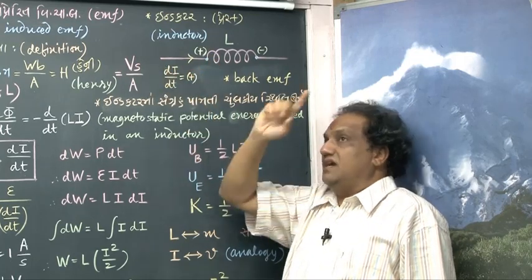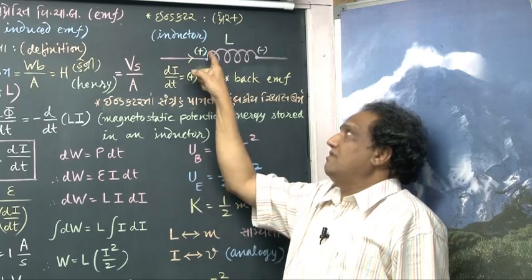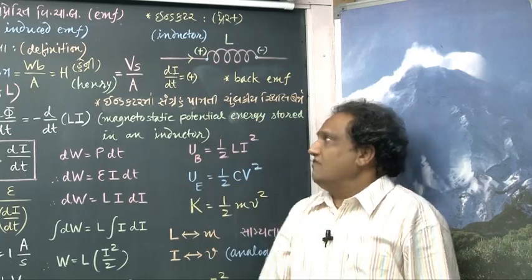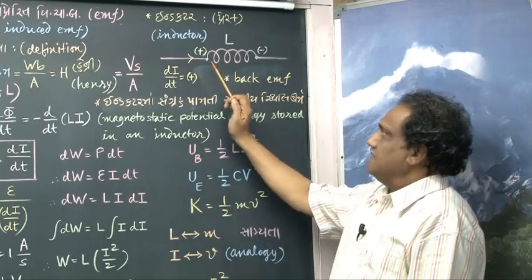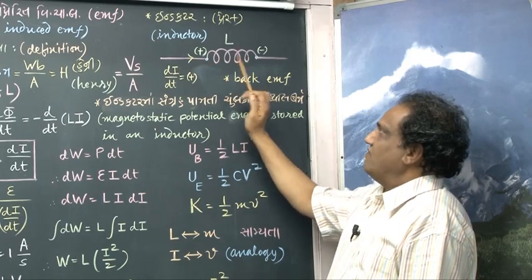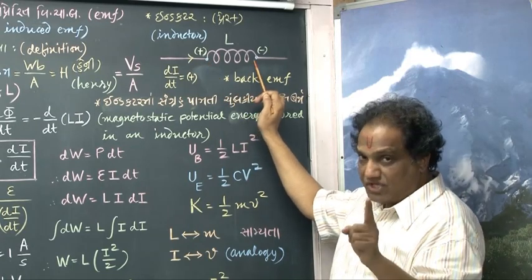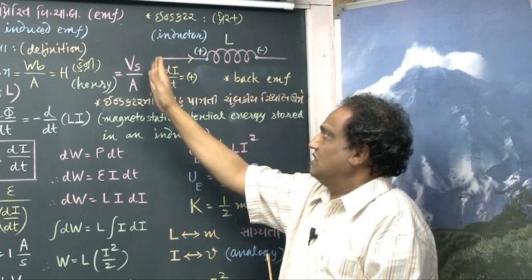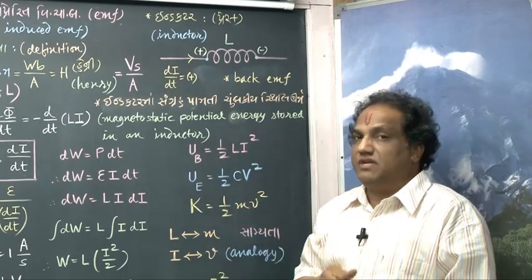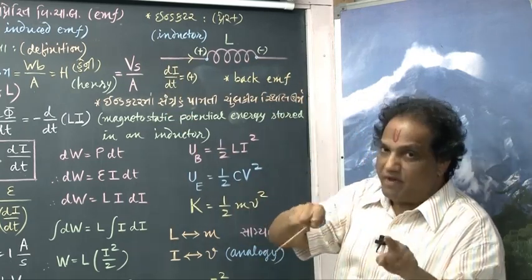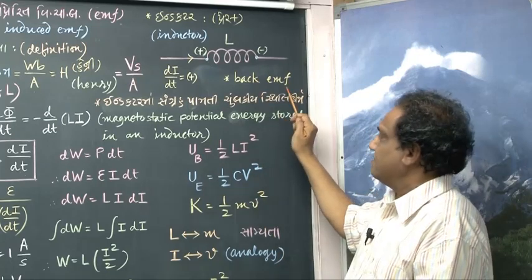If this entering current decreases with time, then this end will become negative. Fine. Because the direction of self-induced EMF is opposite to this flowing current, that's why sometimes we call self-induced EMF as back EMF.